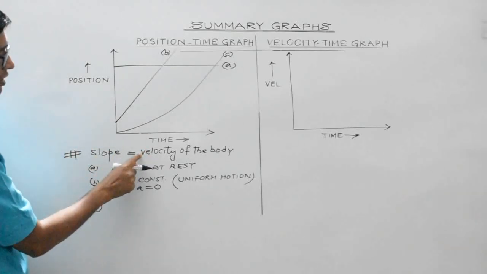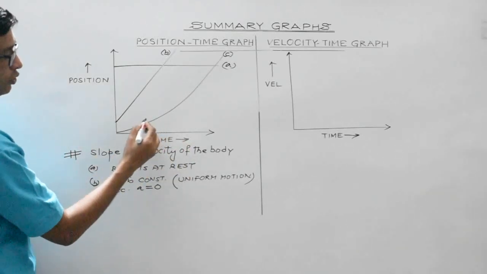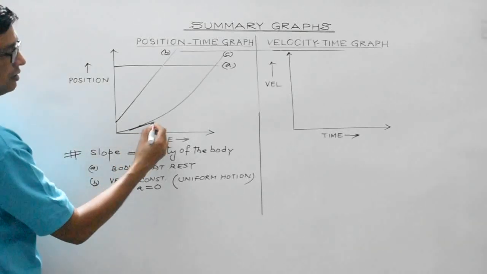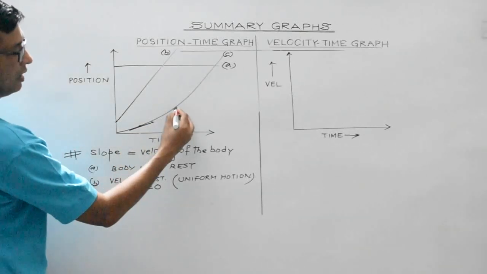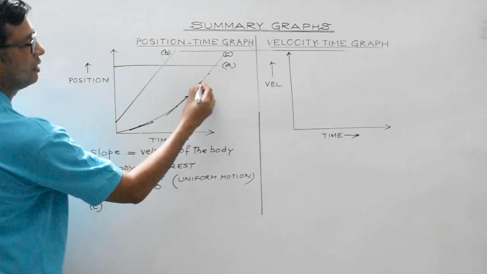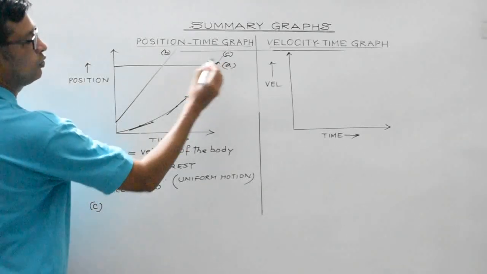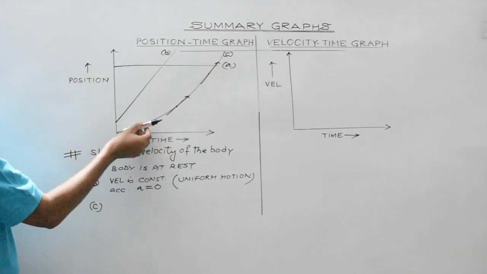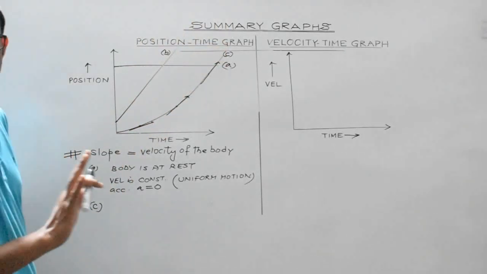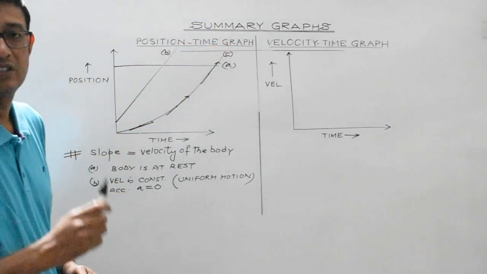The slope of position time graph will give velocity. So at this instant, the velocity will be given by the tangent. This is the velocity at this point, and at this point, this will be the velocity. So what I mean to say is that you can check the slope of this graph is increasing with the passage of time. So velocity is not constant.